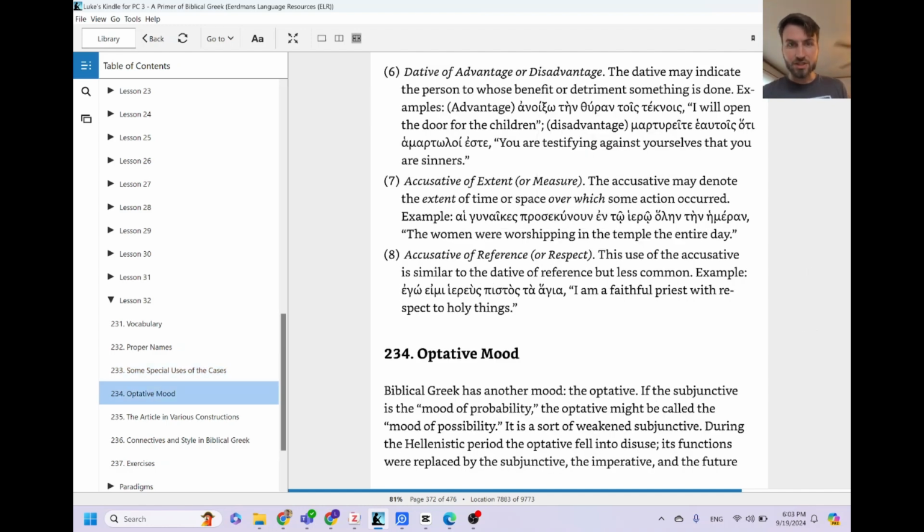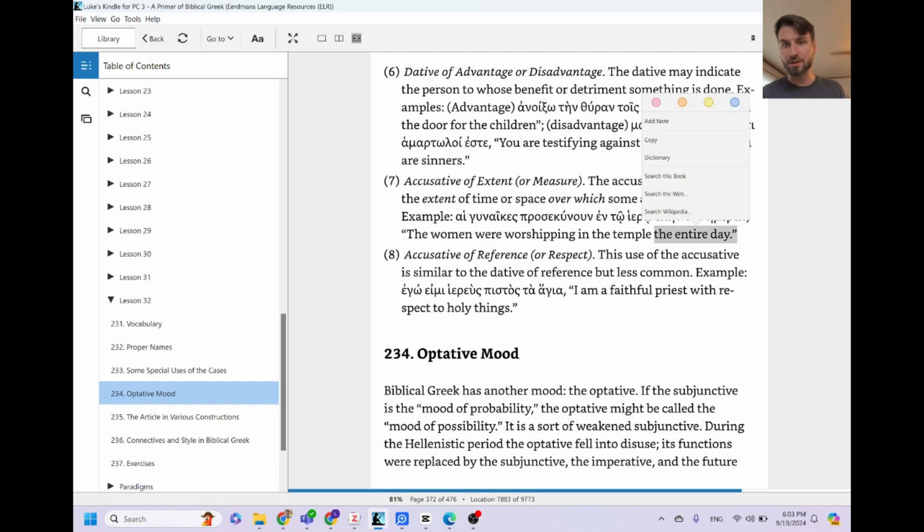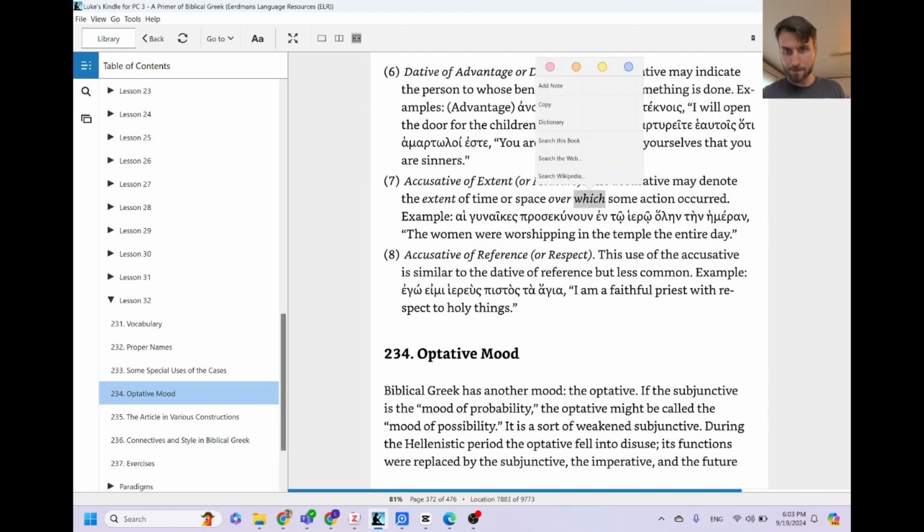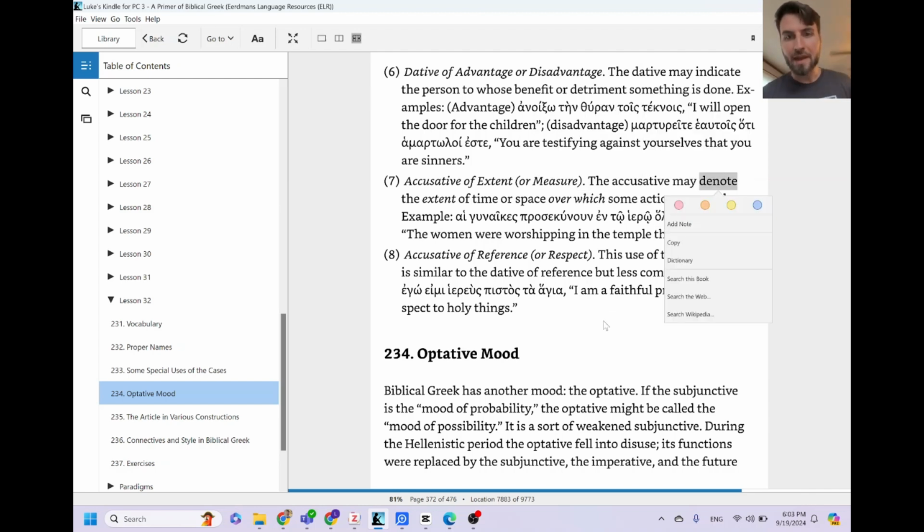And then the accusative of extent or measure, and this can be time as well. The accusative may denote the extent of time over which. So, the women were worshiping in the temple the entire day. So this is telling you how long they worshipped. Those are probably the main ones that you need to know.